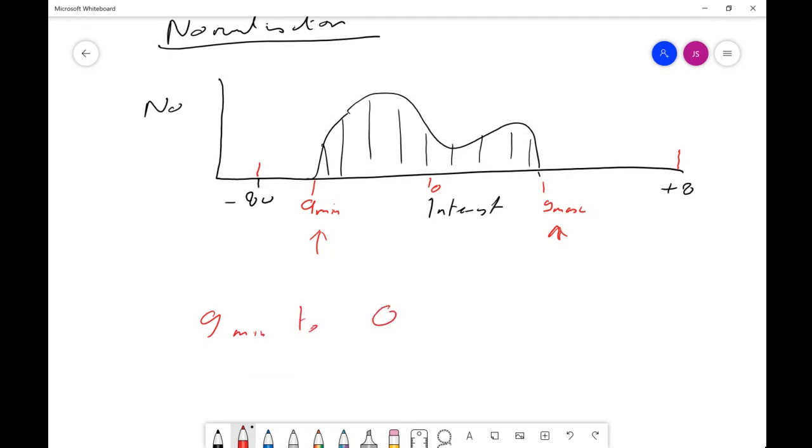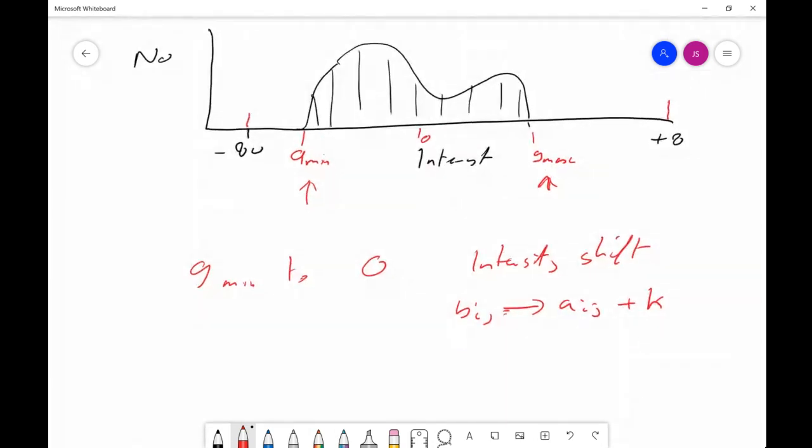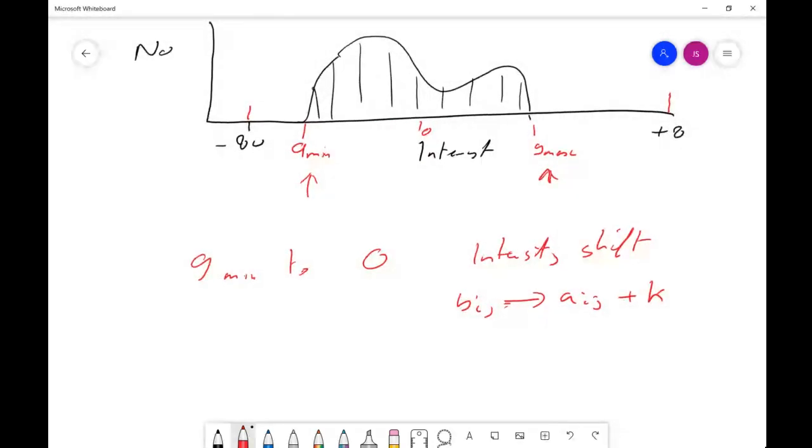And that is an intensity shift, where Bij takes on the value of Aij plus K, and K in this case is going to be G min.